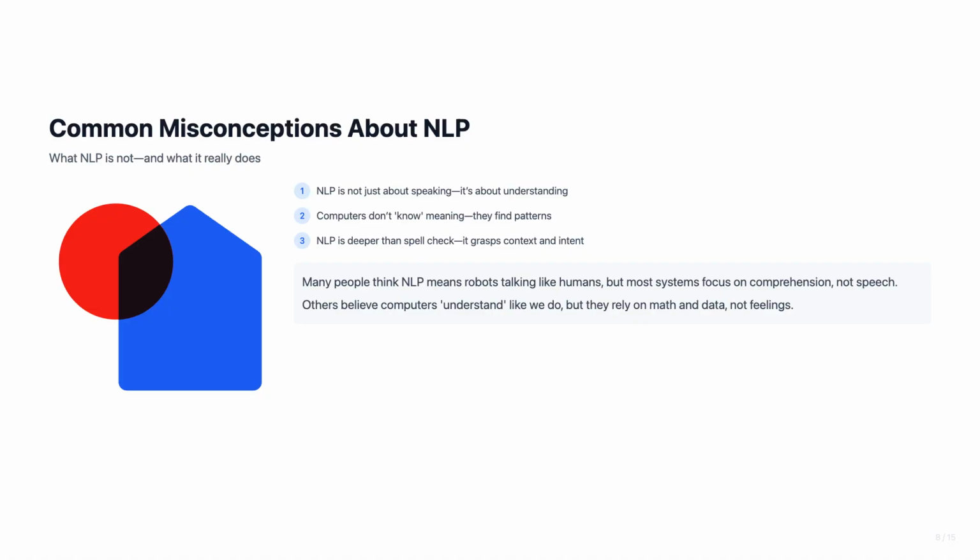Think of it as advanced pattern matching with math. Third, NLP is much more than spell check. While grammar tools fix typos, NLP digs into meaning, like knowing cold can mean temperature or a flu. So remember, NLP isn't mind reading, but it's the closest thing we have to a language mind reader.